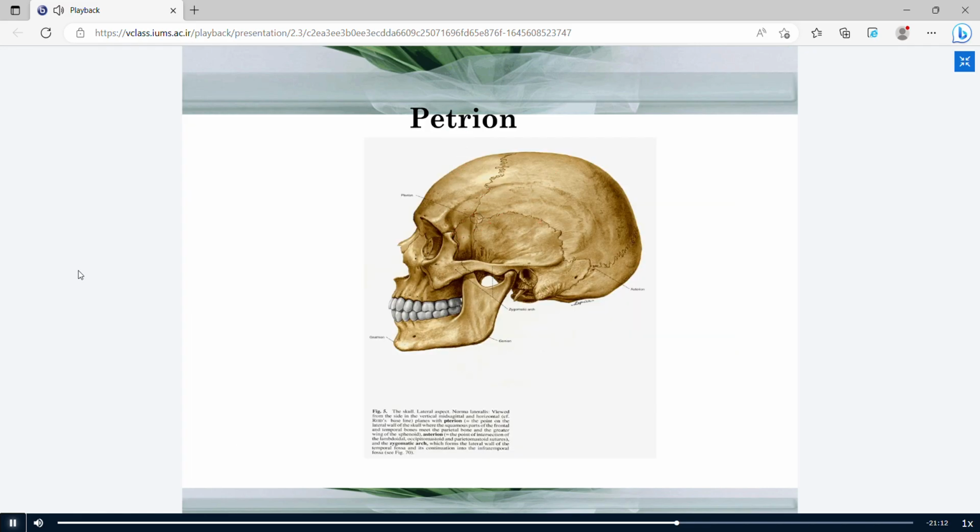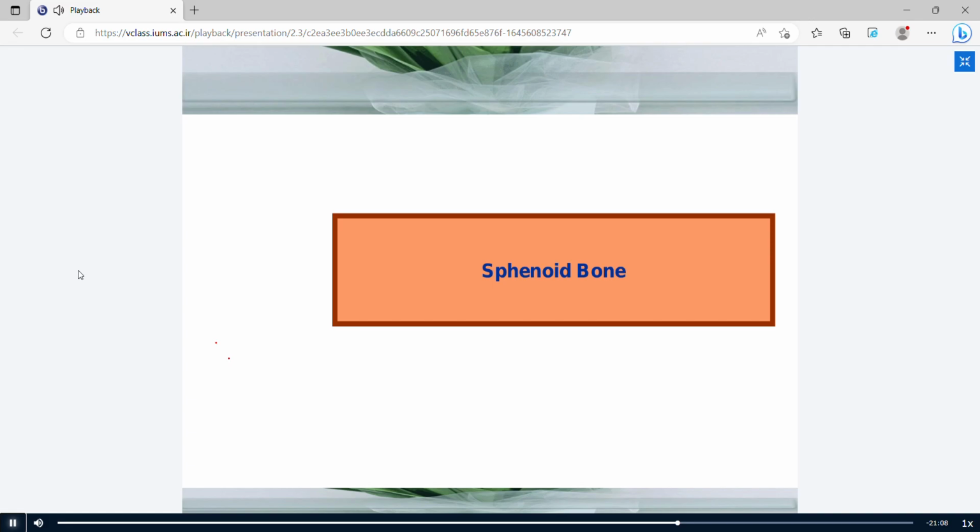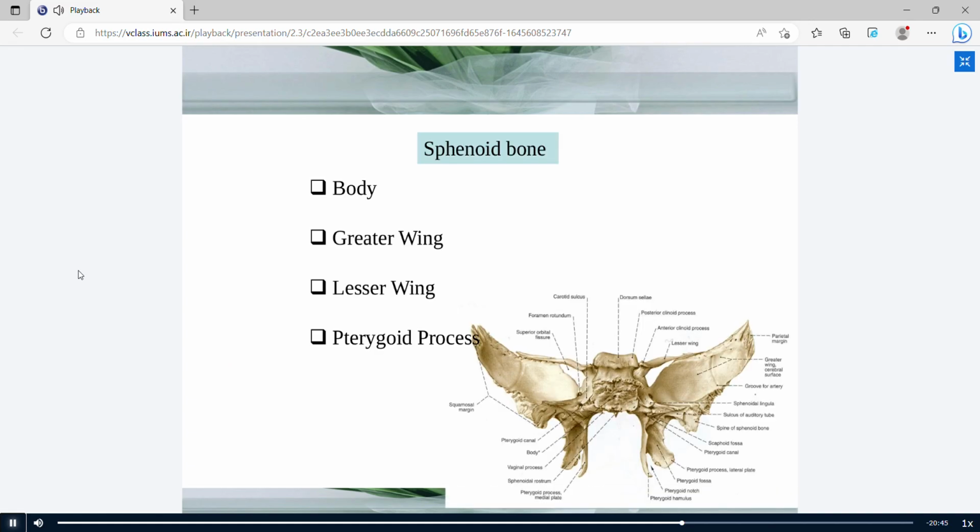I continue with the other subject, and the last bone is the sphenoid bone. Thanks for answering the question, Abrar Matni and Tabassum Fatima. The sphenoid bone is a complicated bone. It's very, very important, so please pay attention.